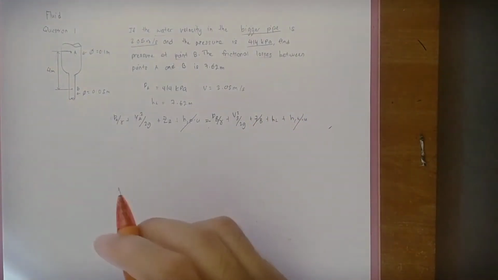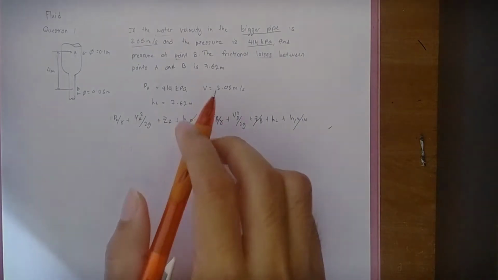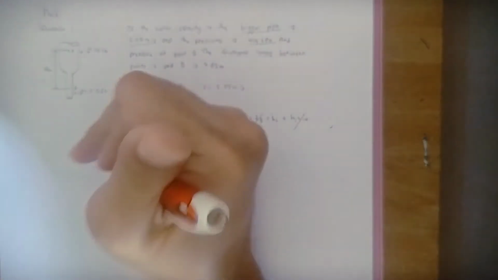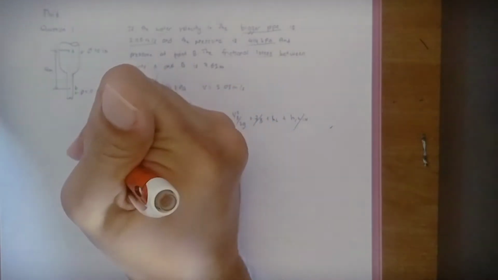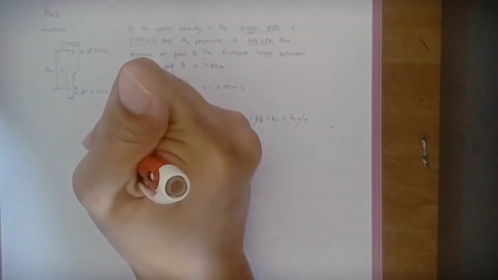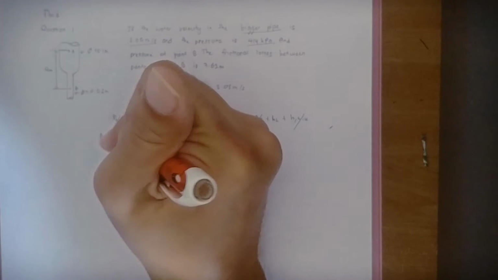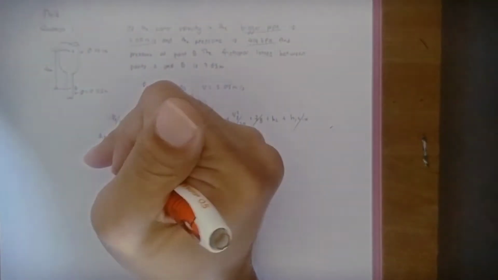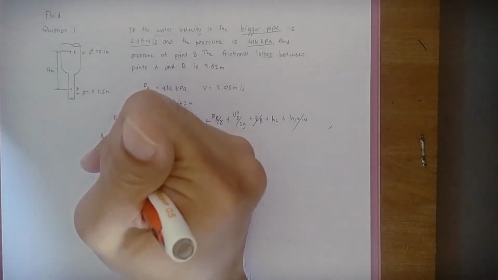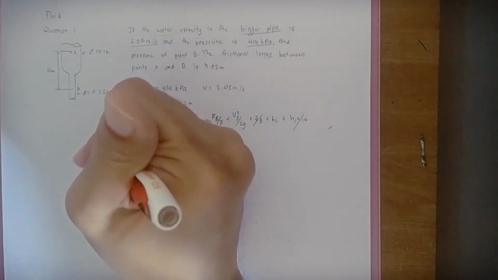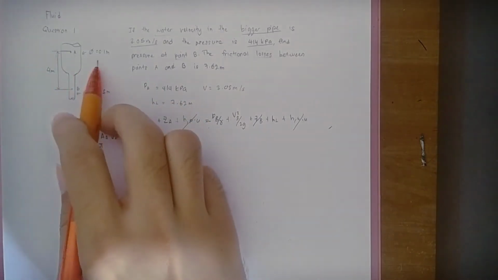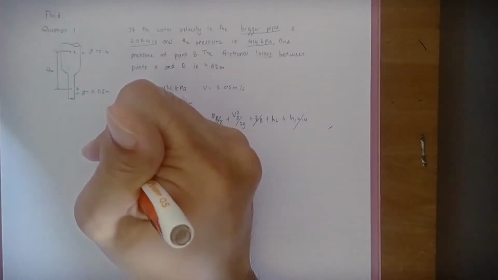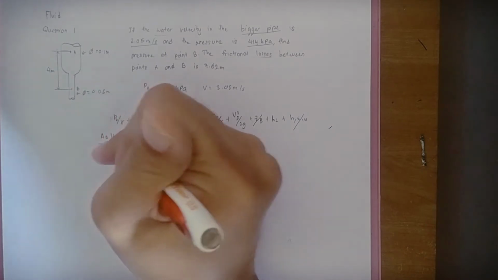Okay, then we need to find the velocity at point B. To find velocity at point B, we use the continuity equation: VB equals AA over AB times VA. The diameter at point A is 0.1 meter, the diameter at point B is 0.05 meter. Use this information to find the area.